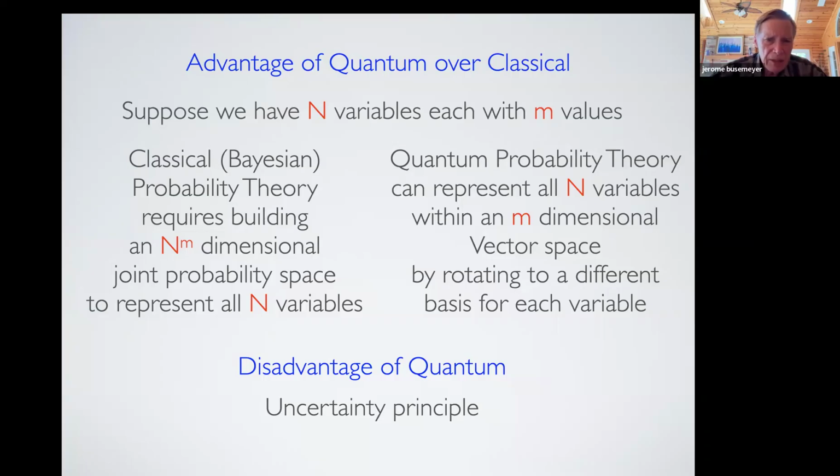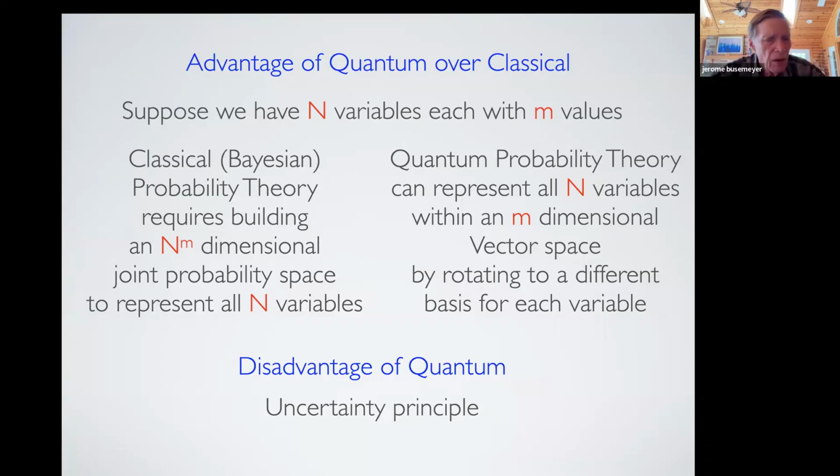And Bayesians know about this problem. So Bayesian theory becomes unwieldy when you have too many variables and each with too many values. And so they have to impose a great deal of conditional probability assumptions, Markov type assumptions on the probability distribution, to scale down the size of the probability space to a scaled down number of parameters, because the space grows too large exponentially. So that's a problem with the Bayesian model.